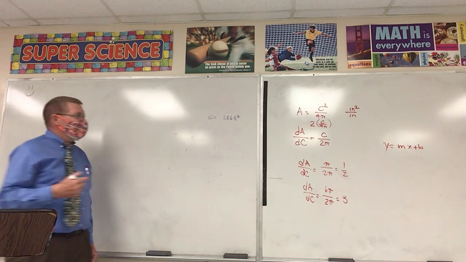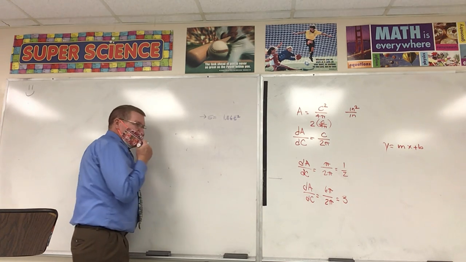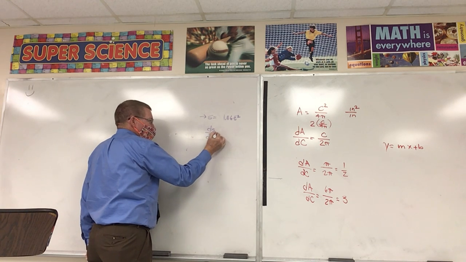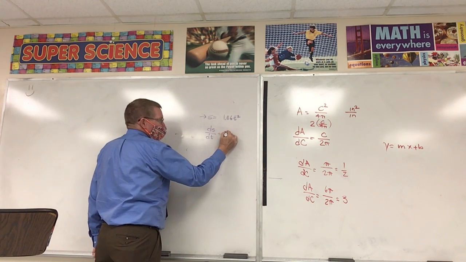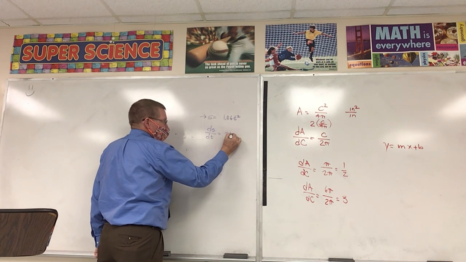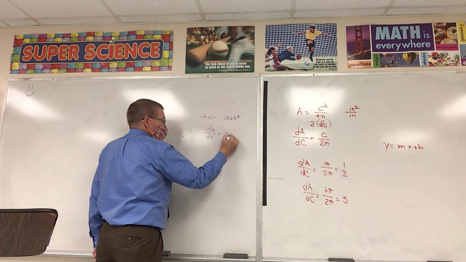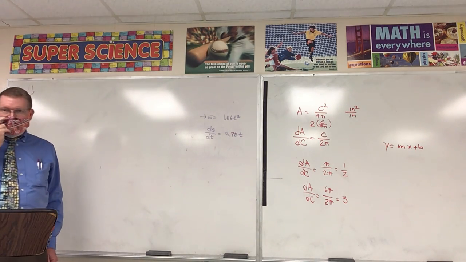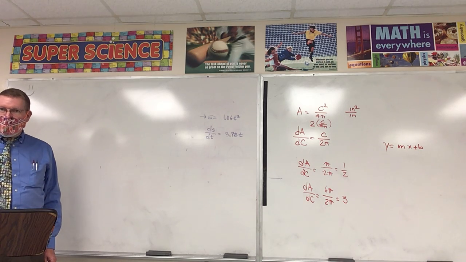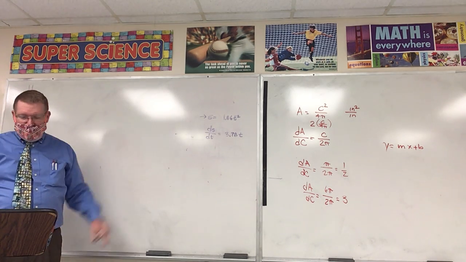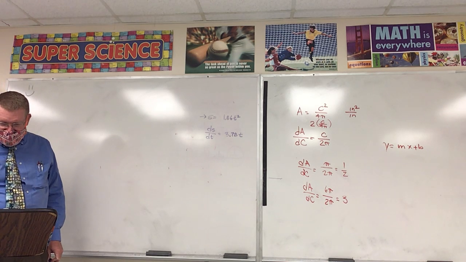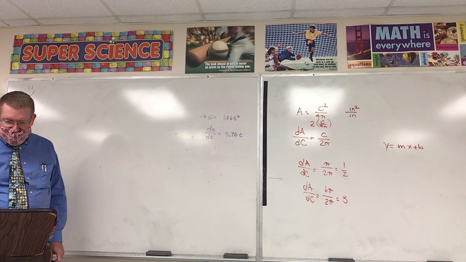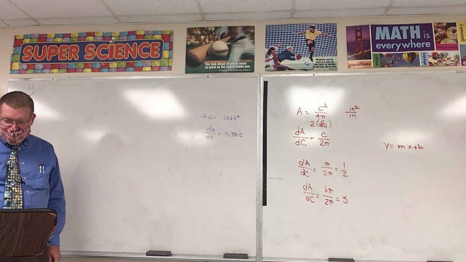So I need velocity. So what I need to do, I need to take this and make it velocity. So I take the derivative. ds over dt equals 3.78 t. Correct? So now I want to find out where my velocity is about 16.6 meters per second.